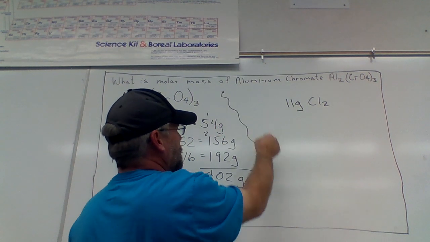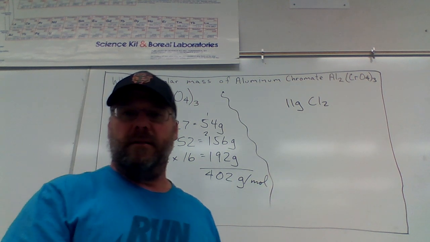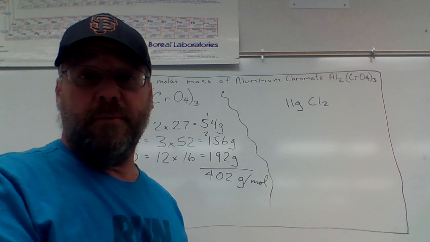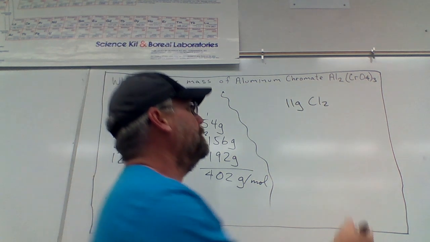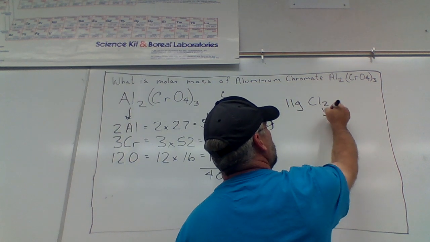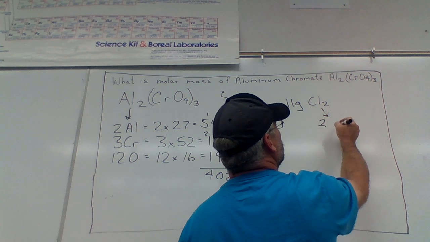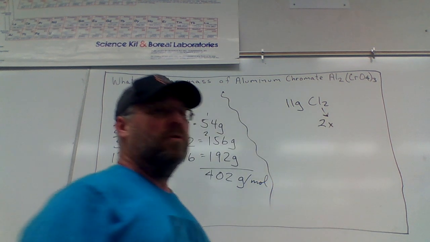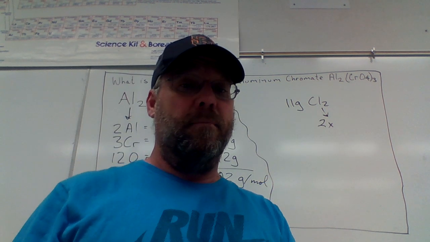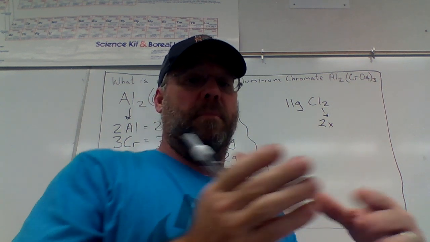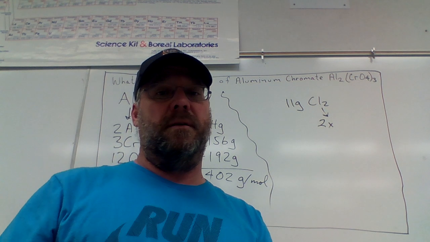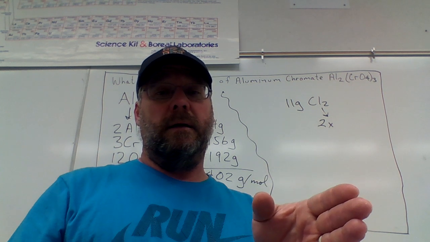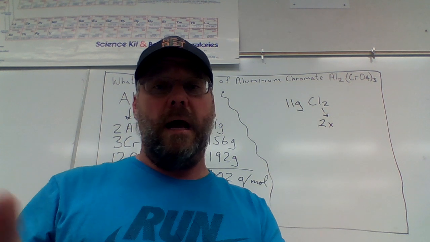The first thing we have to do is figure out the molar mass for chlorine. Again, chlorine, I've got 2. And then chlorine, because it's not above 0.9 and it's not below 0.1, I always like to use those numbers that are between 0.1 and 0.9.